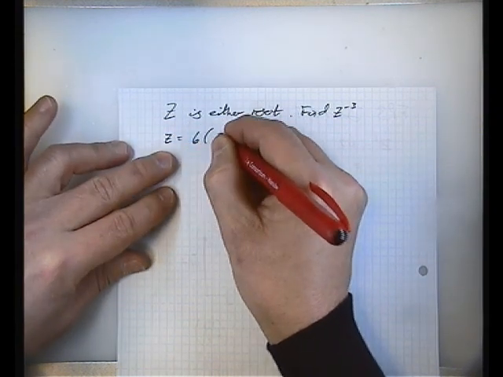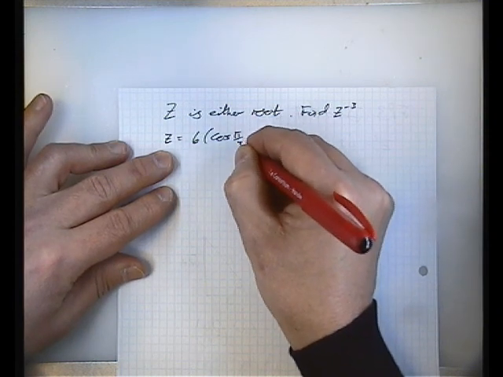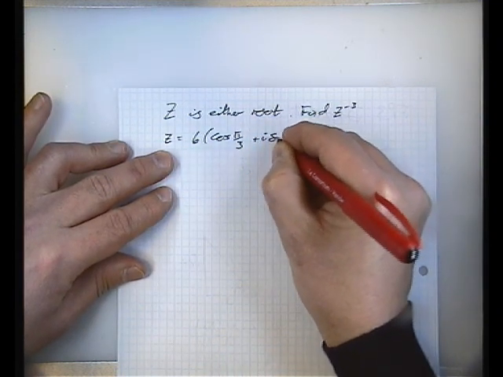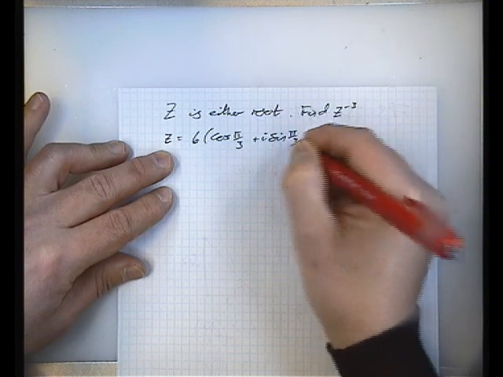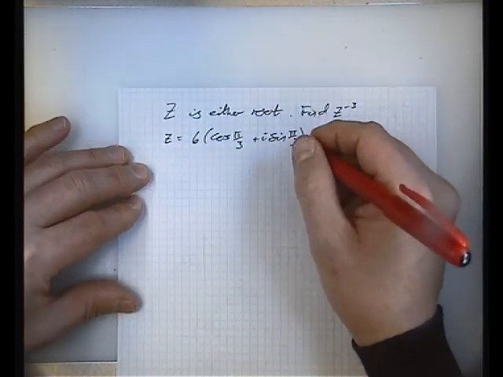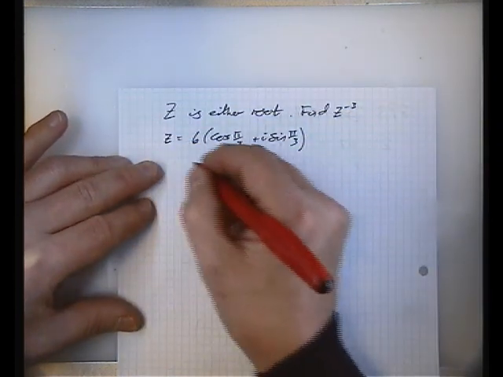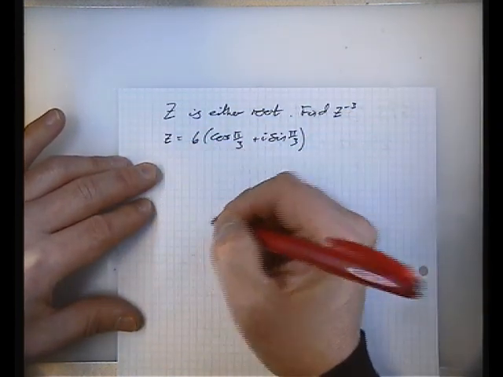So that's 6, and I think we'll go with the one in quadrant 1, so we'll have z equals 6 cos pi by 3 plus i sine pi by 3. Now, z to the minus 3 is going to be 1 over z cubed.